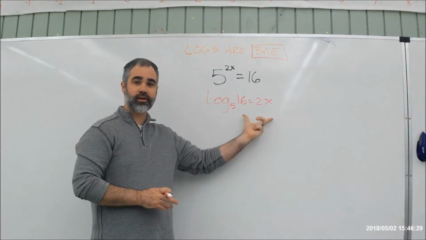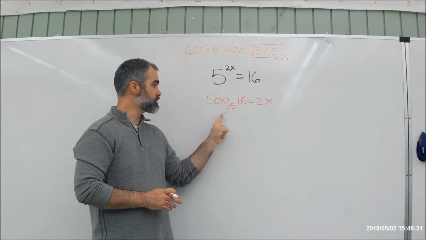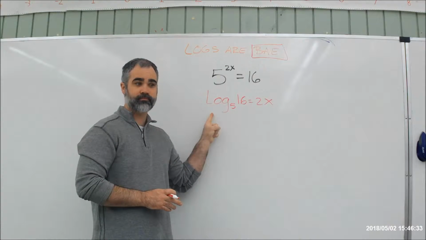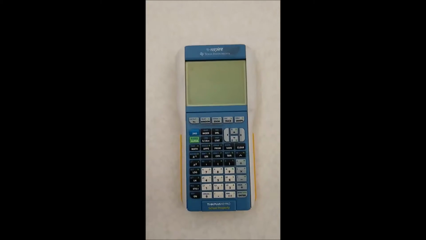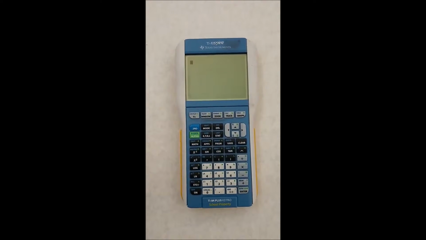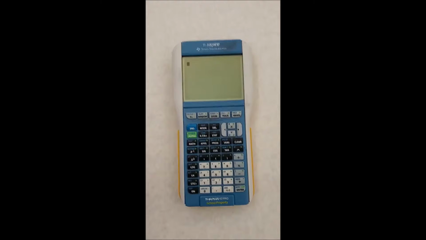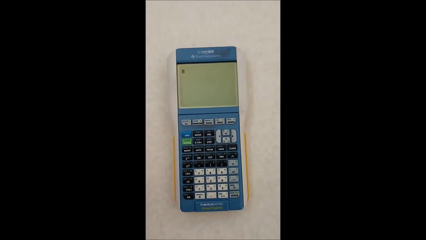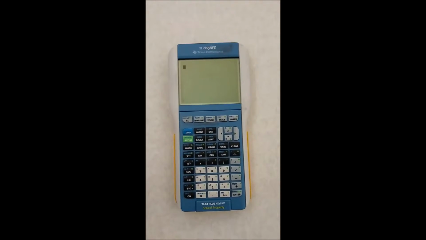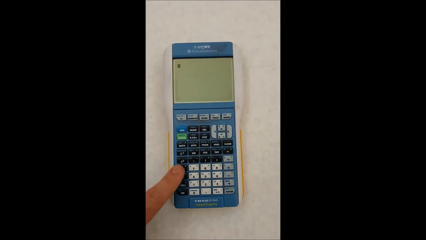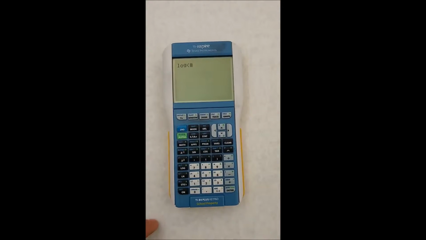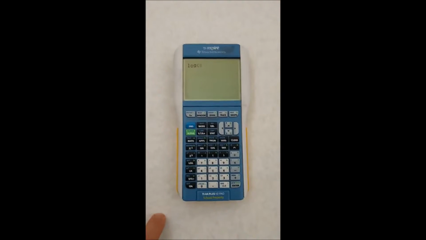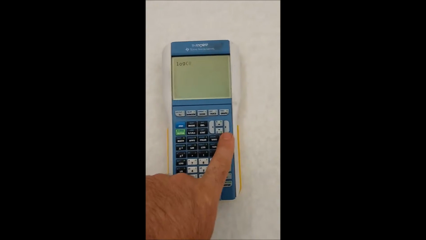This looks like a scary equation still until you realize you can just plug this into your calculator. I'm going to show you how to do that real quick. If you have a TI-84 or better, you probably have this function on your calculator. It's a really easy way to evaluate logs. This log button here is log base 10, so don't use it unless you're looking for a base 10.